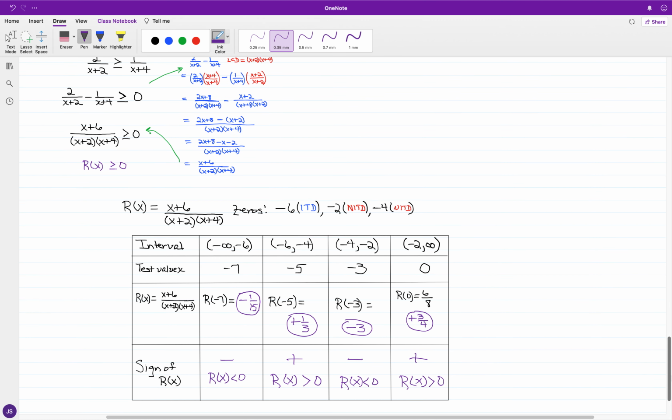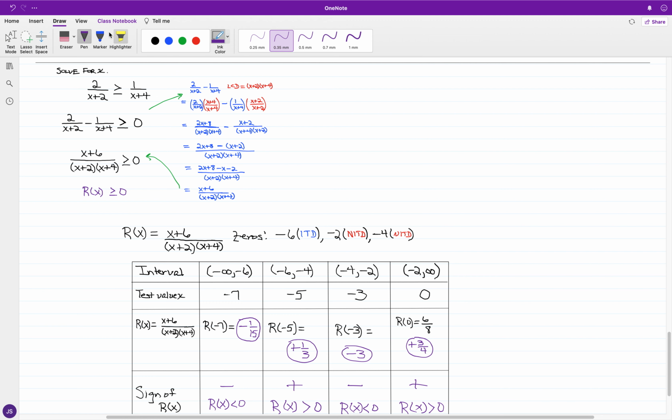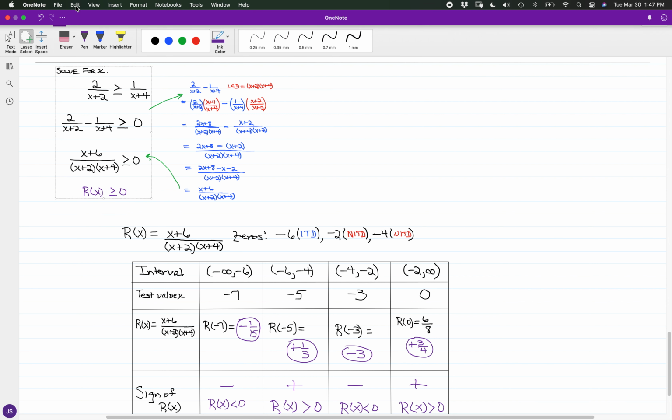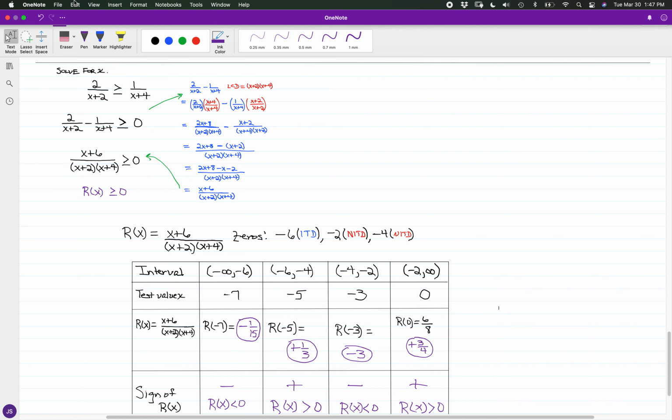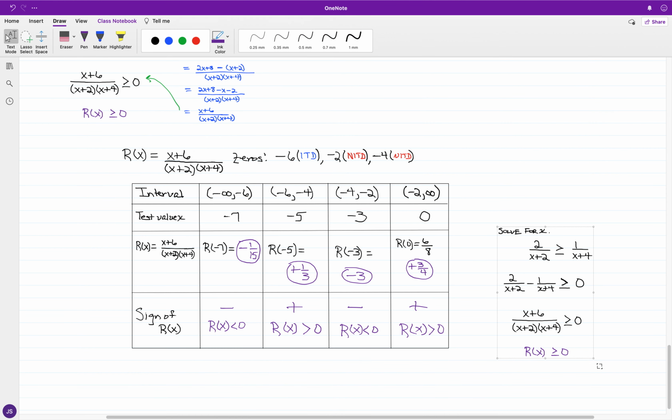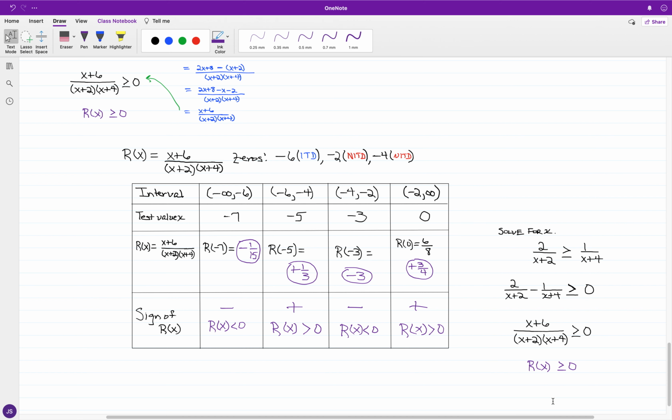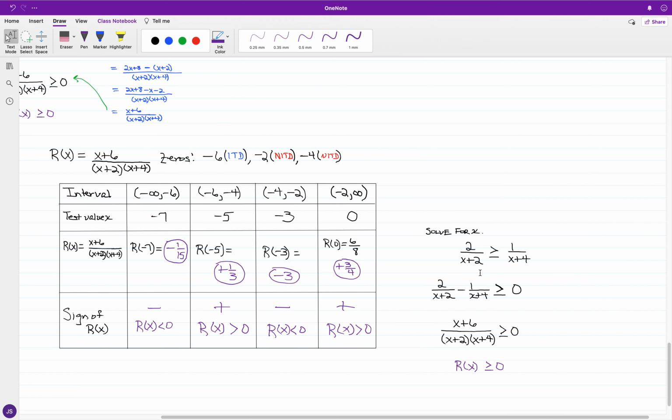Okay, so going back to the original problem, we start out with 2 over x plus 2 is greater than or equal to 1 over x plus 4.